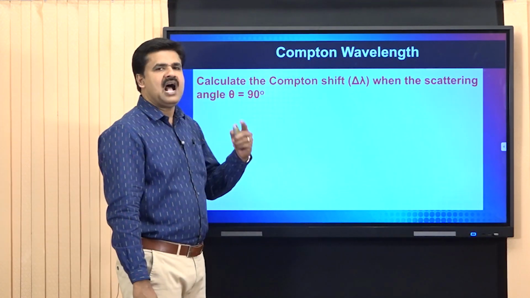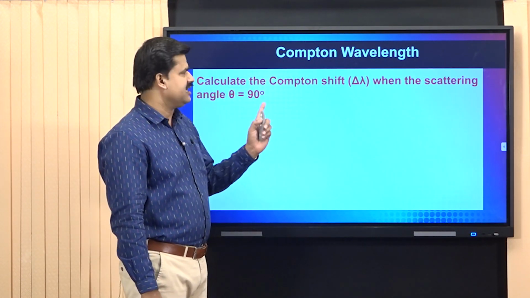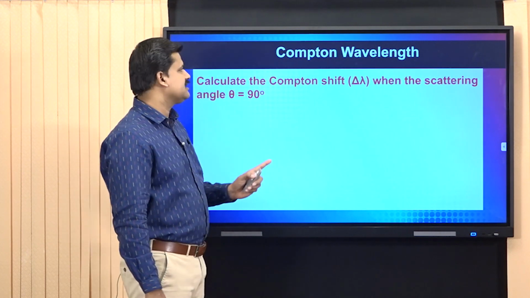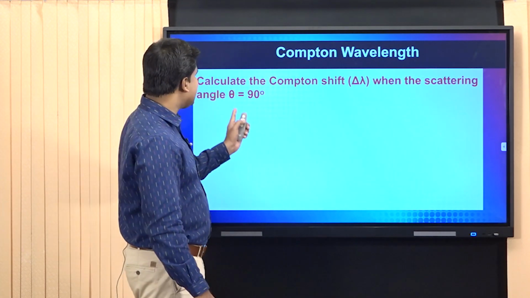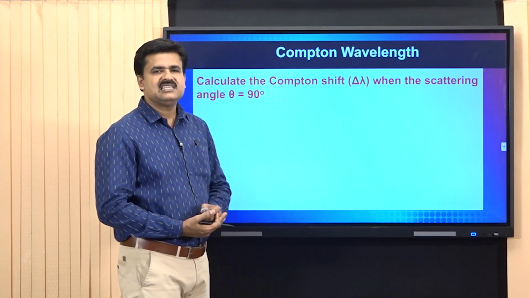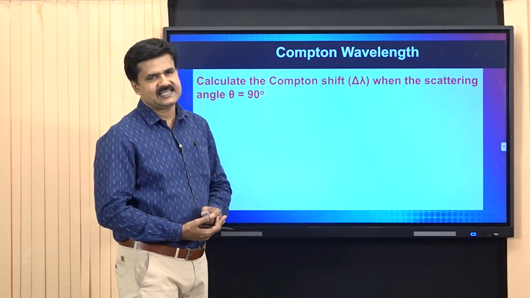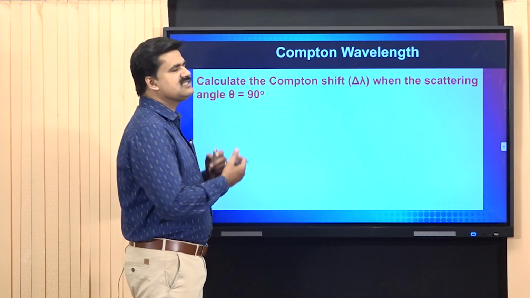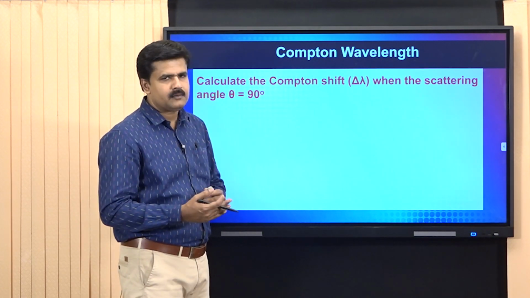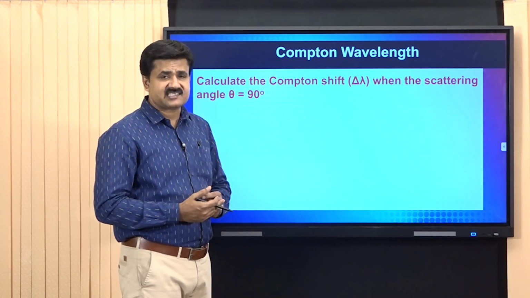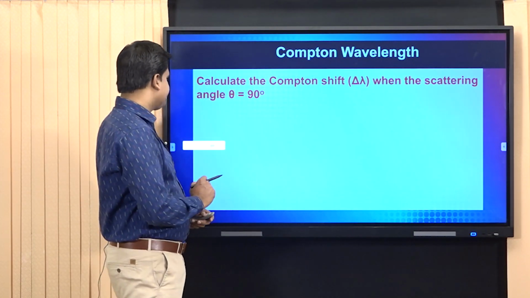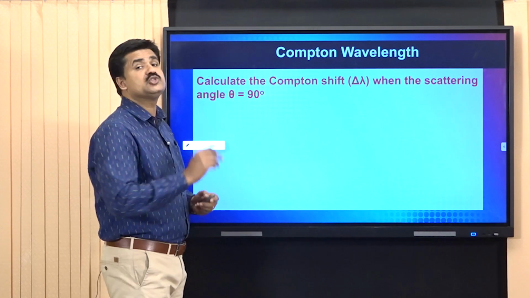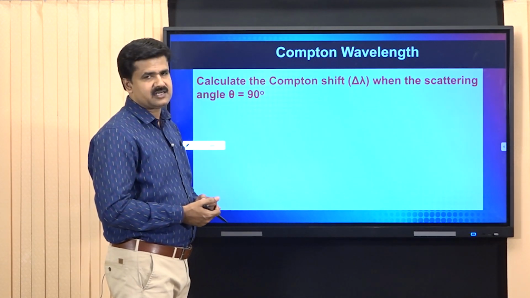Now, another problem, that is, calculate the Compton shift delta lambda when the scattering angle theta is equal to 90 degree. What is this situation? Here, incident X-ray and scattered X-ray are mutually perpendicular to each other.